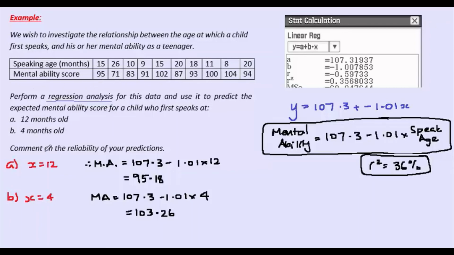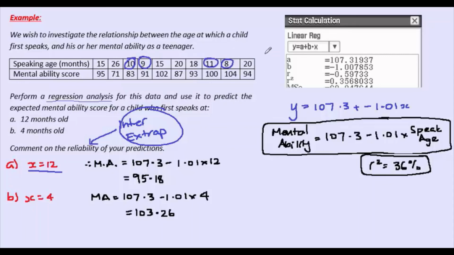The final thing we need to do is comment on the reliability of the predictions. A phrase like this is always asking about interpolation or extrapolation. This first question asks about kids who first started speaking at 12 months, and we've got some data that already relates to kids who started speaking at that age. 10 months, 9 months, 11 months, 8 months, they've all started speaking at around that age.